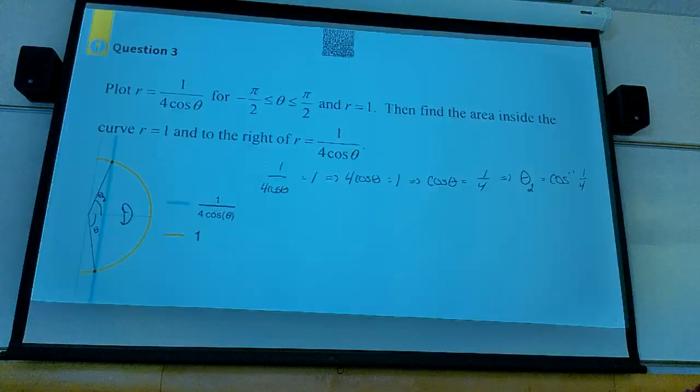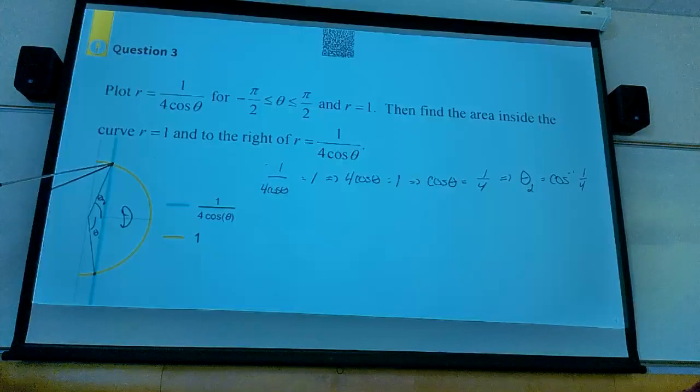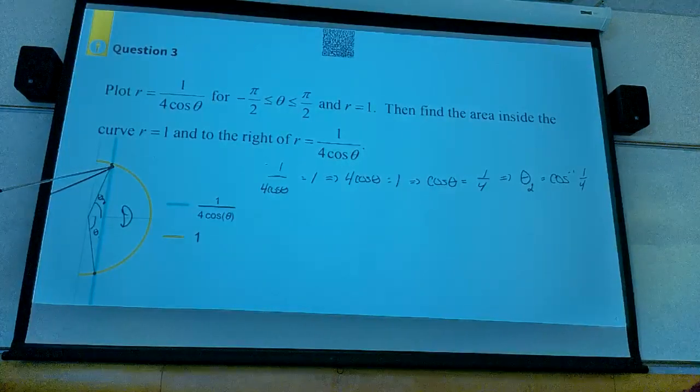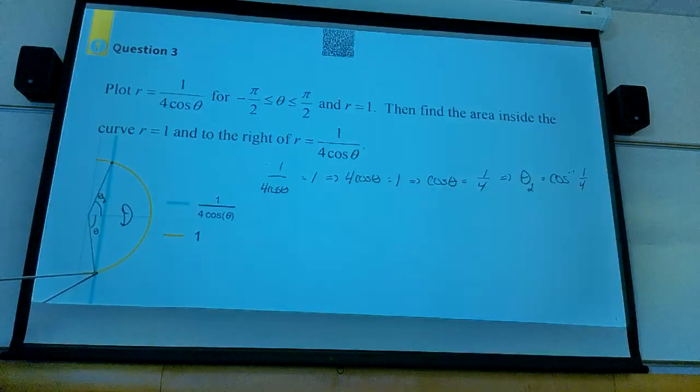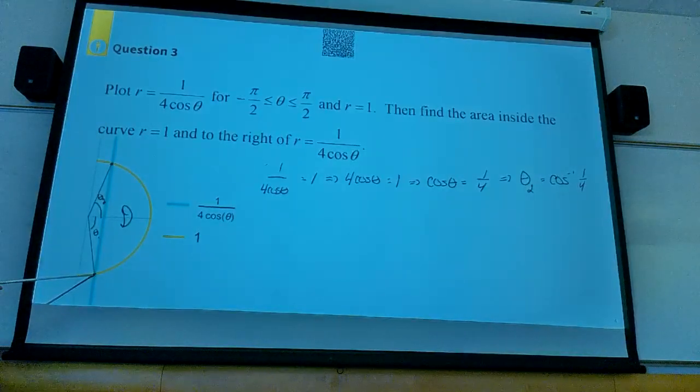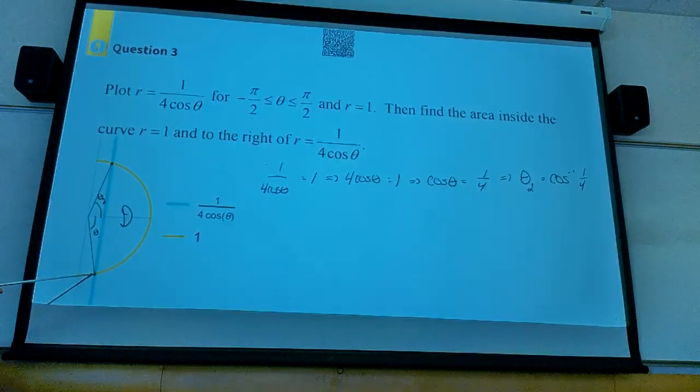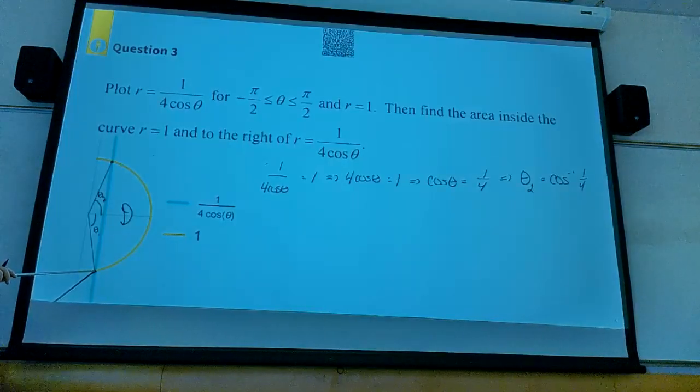What would be the inverse cosine of a quarter? Right, so that's this one up here. But cosine is even, which means this angle would be the same.